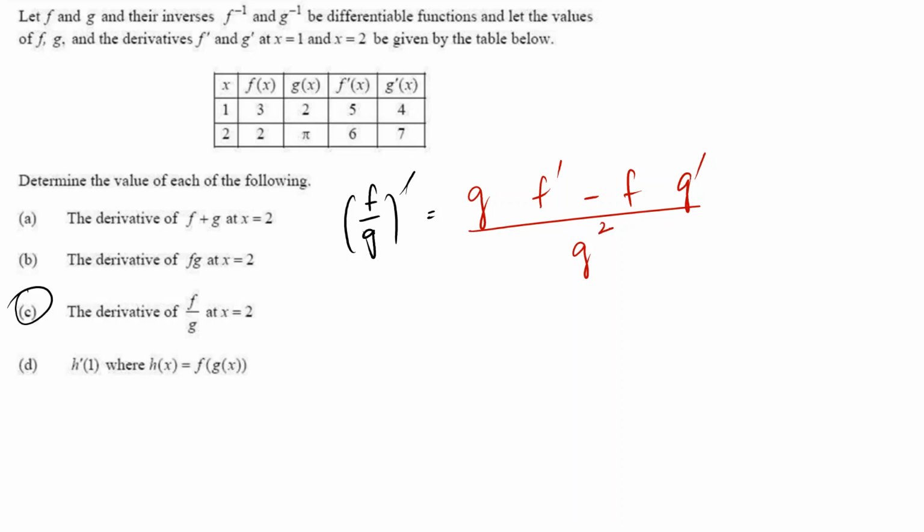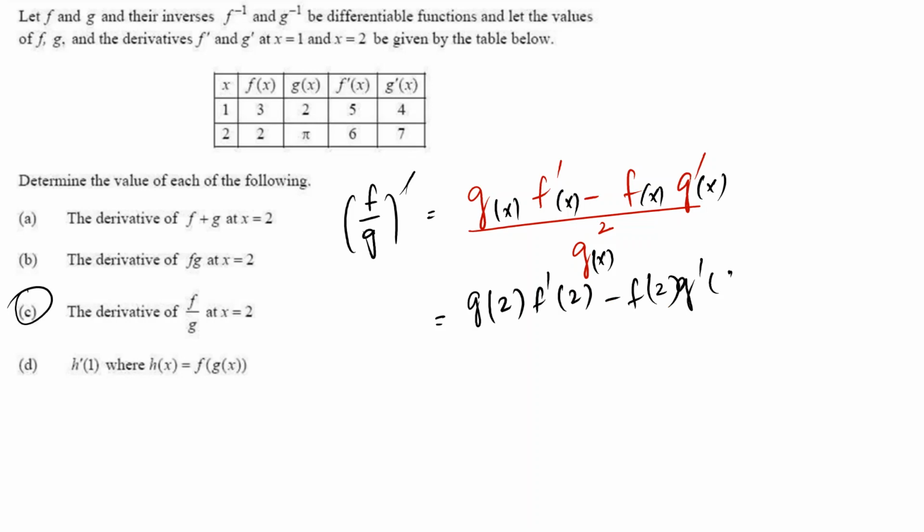Now wherever we have g or f, just make it a function of x. Why are we writing it? Because we have to find these values at x equals 2. So replace all x by 2 before reading the table.